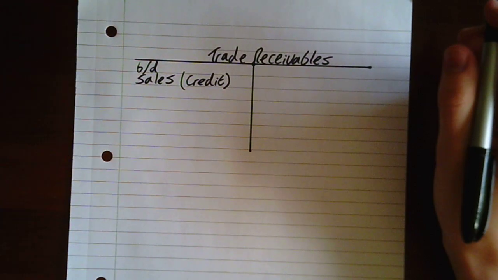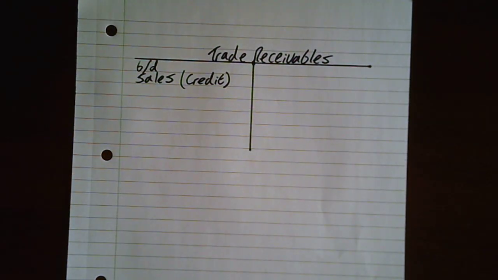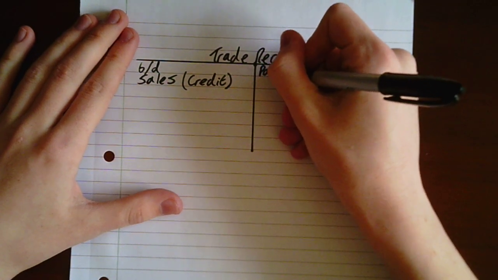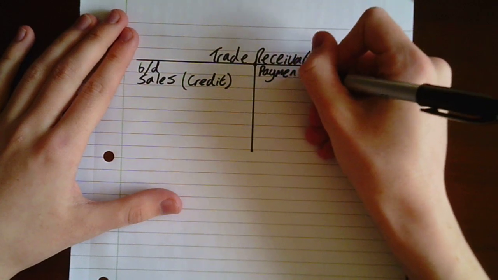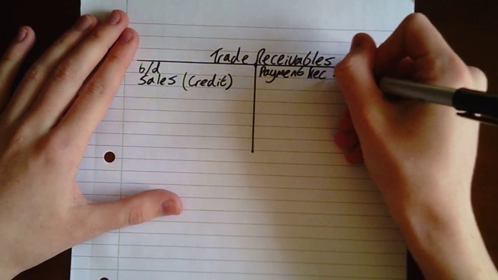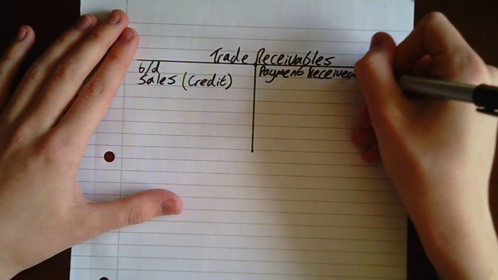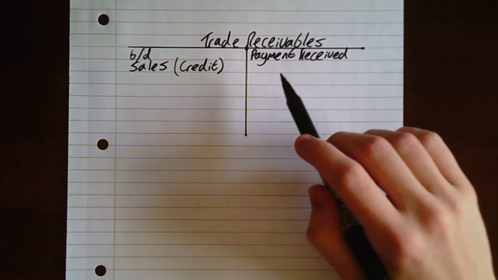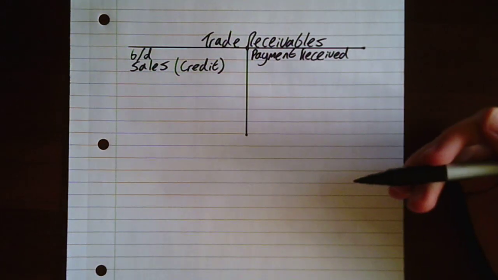So, what can go against our sales account? What can make us be owed less money? Well, if someone pays us, it's going to decrease the amount owed to us, obviously. So payments received. So, say if we had trade receivables of £5,000, then £2,000 is repaid to us.